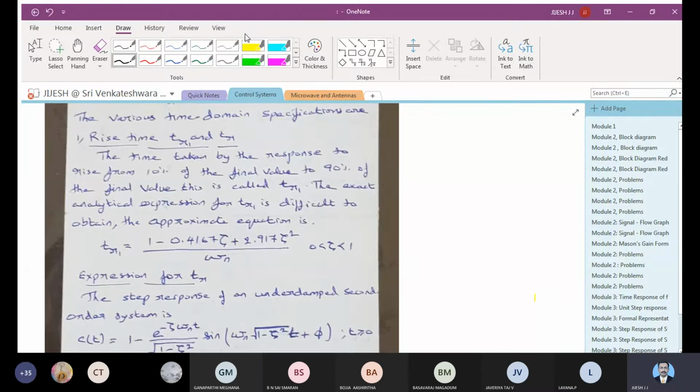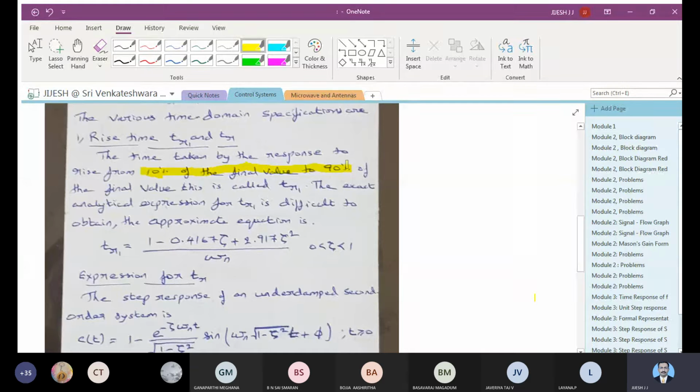The exact analytical expression for TR1 is difficult, and TR1 can be found using this equation. We are directly writing these equations. We are not deriving anything here.